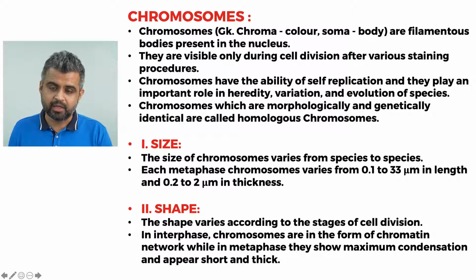So they will decondense and form the chromatin network. So in interphase, chromosomes are in the form of chromatin network, while in metaphase they show maximum condensation and appear short and thick. All of these things mostly you are aware of when we have done cell division.